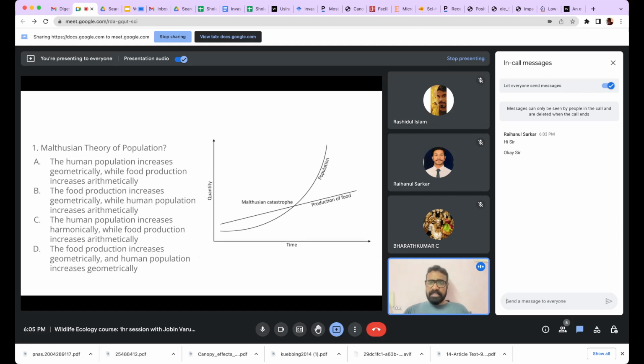Actually, the hint is in the graph itself, so you don't have to worry about it. So, the question is basically what is the Malthusian theory of population? What does it mean?